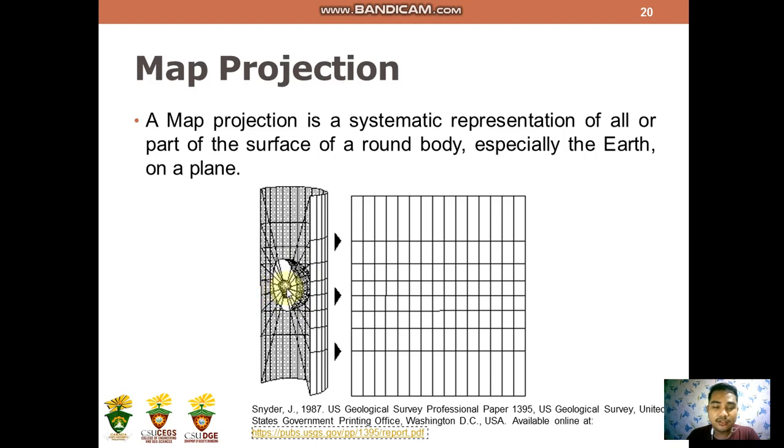Then pagpasigaon to na to nga light, so i-wrap na to siyang round body as a cylinder, cylindrical projection siya. So pasigaon to siya, mo-reflect ang katong rays padulong sa two-dimensional body. So ano nang nadantay, cylindrical projection.